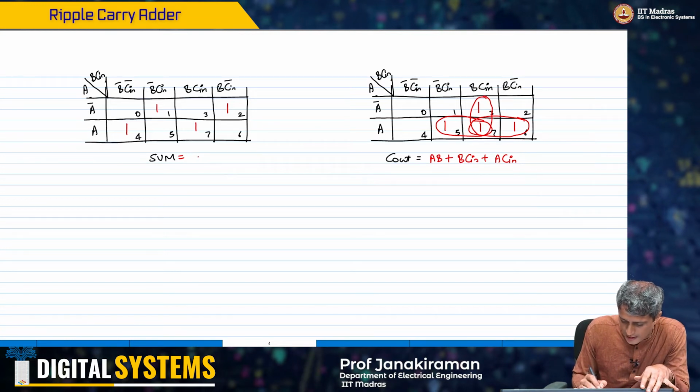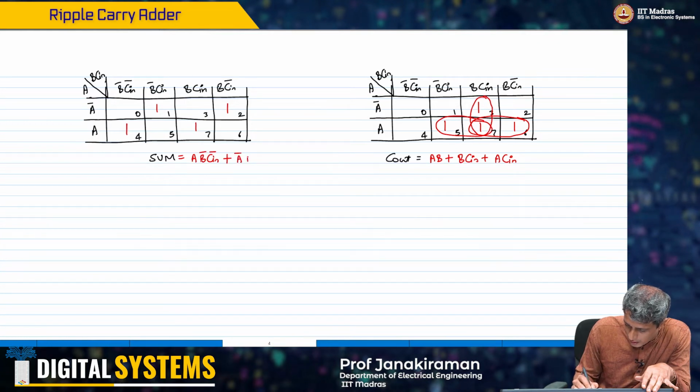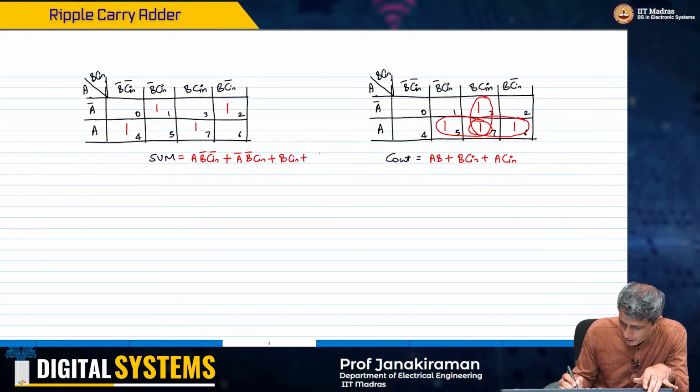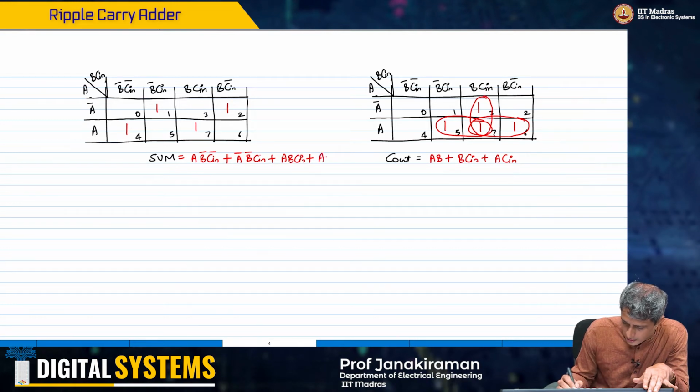So you just write this as A B bar C in bar plus A bar B bar C in plus A B C in plus A bar B C in bar.